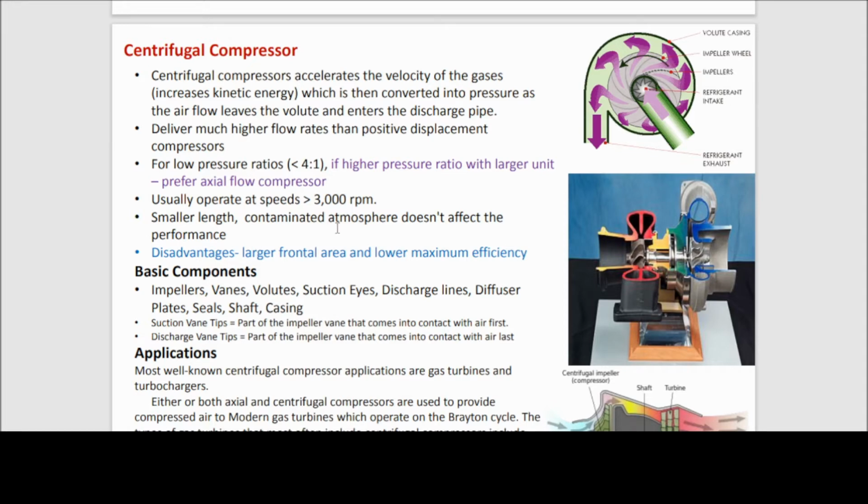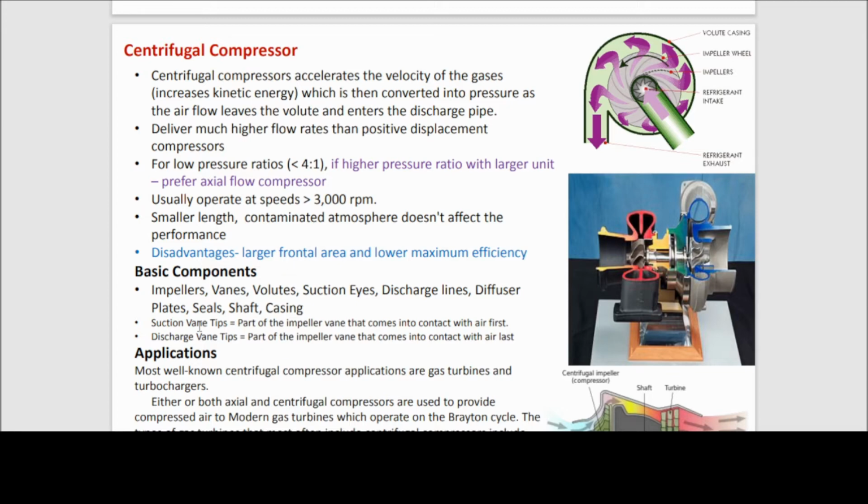Even if the fluid passing through the compressor is contaminated, it does not affect its performance. The disadvantages are a larger frontal area, even though the length is small, and a lower maximum efficiency.